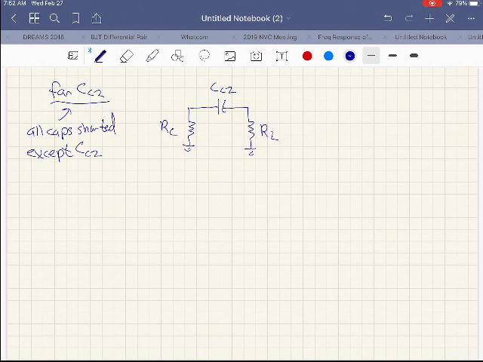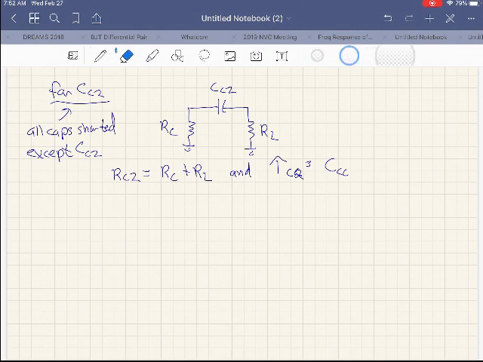Same thing, we can call it RC2. RC2 is just equal to RC plus RL, since they're just in series. And tau C2 is equal to CC2 times RC2. We'll use the book notation. RC time constants, again, is all we're calculating.